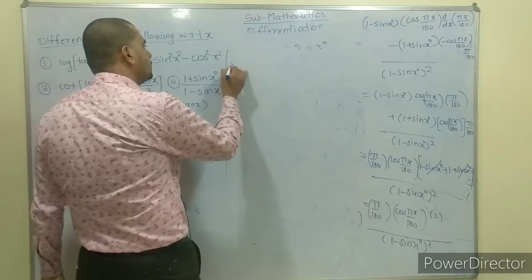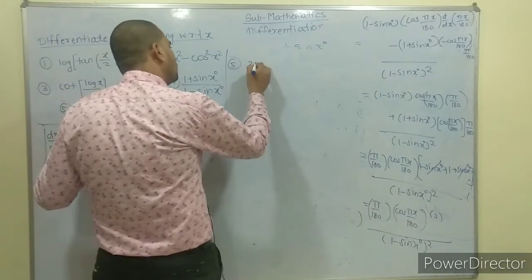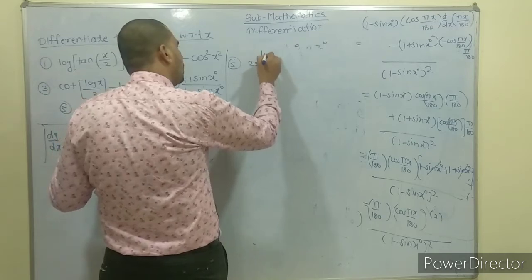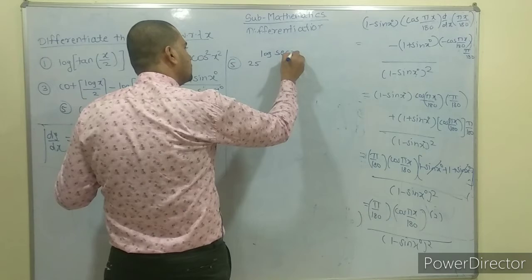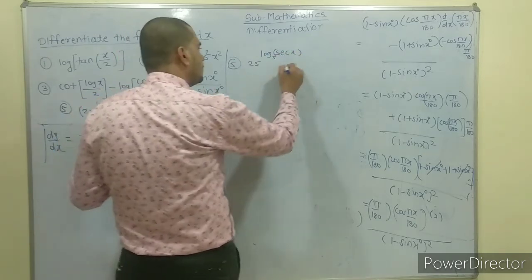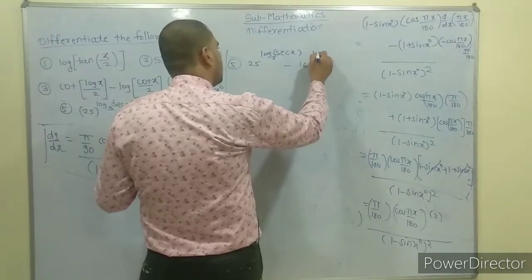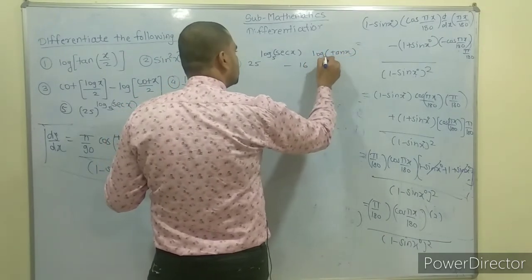Fifth example is 25 raised to log sec x to the base 5 minus 16 raised to log tan x to the base 4.